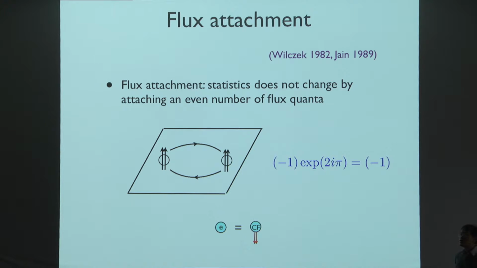The idea of composite fermions applied to quantum Hall physics can be summarized as replacing the electrons by another object, which we call composite fermions. In the representation of the composite fermion, an electron is a composite fermion with 2 flux quanta attached to it.